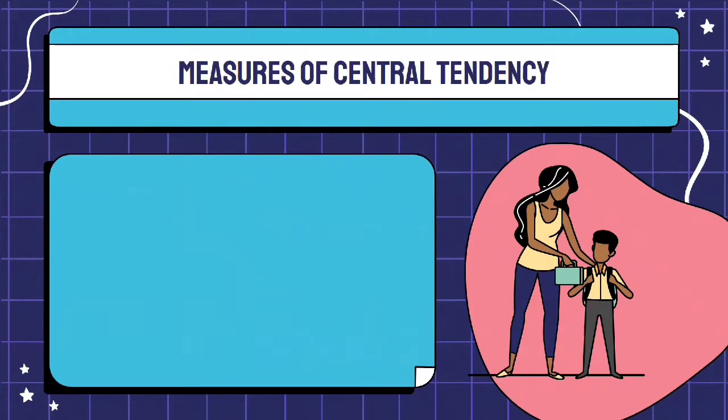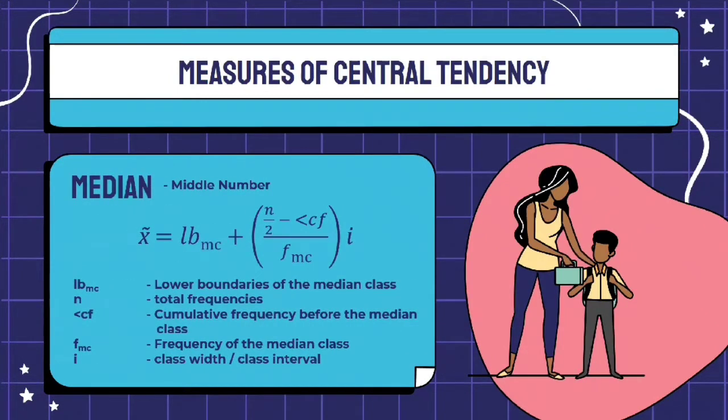Next up, median. In terms of ungrouped data, the median is the middle value or number in the set of data.